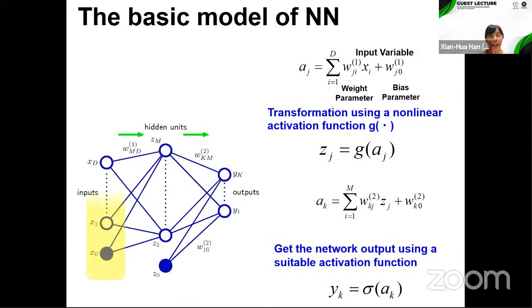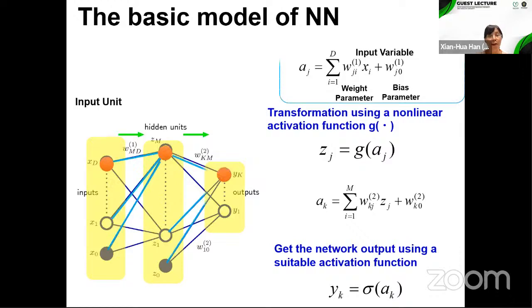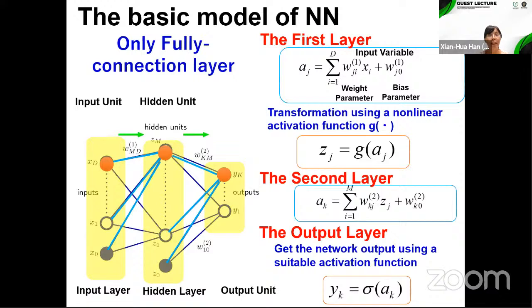So this is the figure of the feed-forward neural network. In this feed-forward neural network, there are only fully connected layers. So this is different from a convolutional neural network.